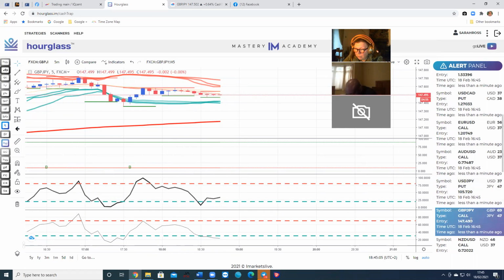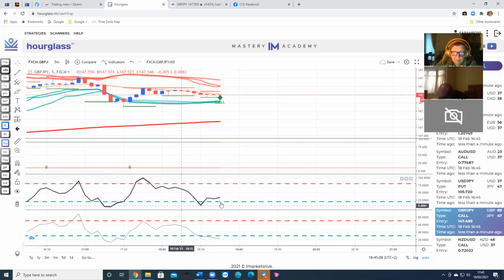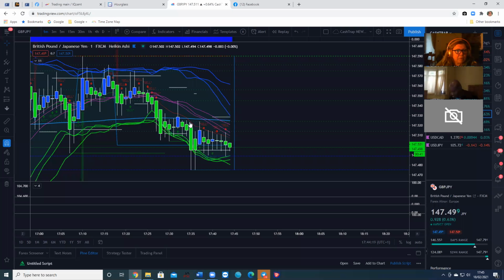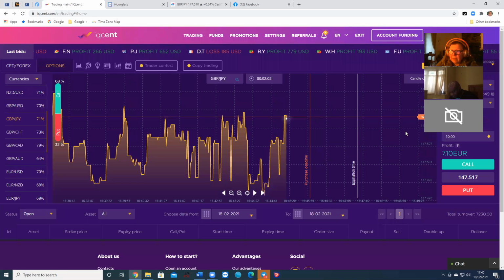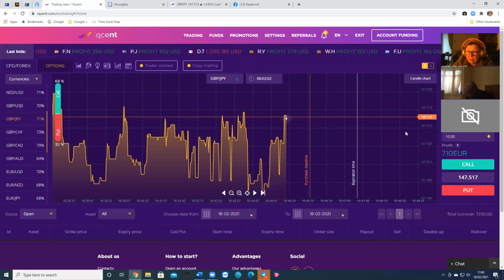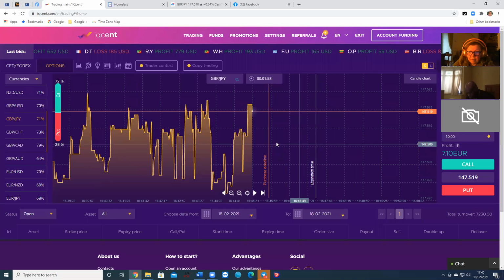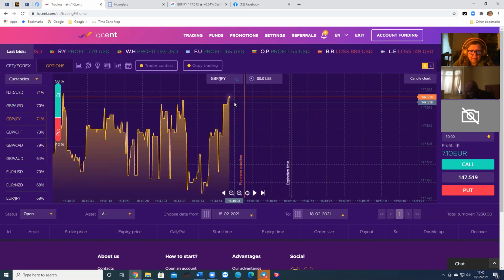GJ for a call at 499. GJ for a call, it's just come off that bottom. It's just flattening out there. GJ, I'm on the 1 minute, 499. Oh, that moved fast. Gone, missed it. It's out of here.